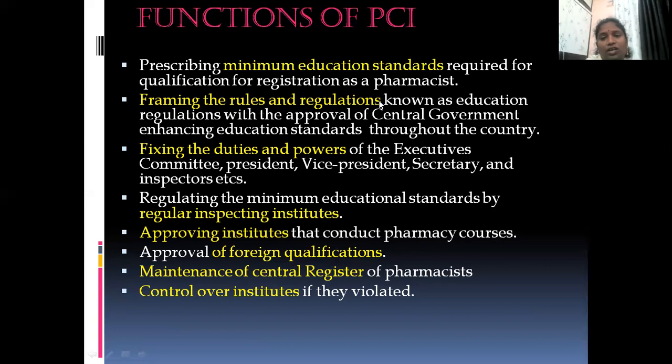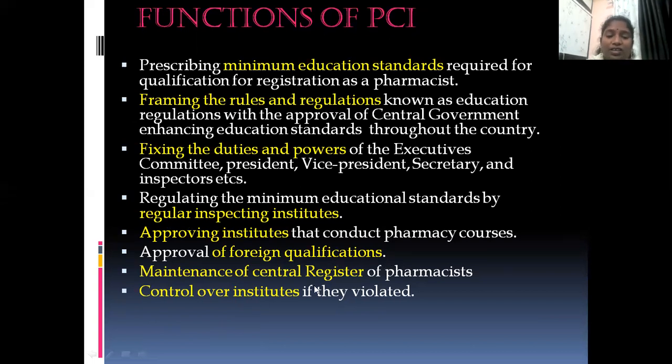Also, they frequently inspect the institutes to check whether they are maintaining the minimum education standards according to this PCI. And approving the institutes, they will give approval by this Pharmacy Council of India only. Approval of foreign qualifications also, if a student wants to pursue further education, will be approved by the PCI only.